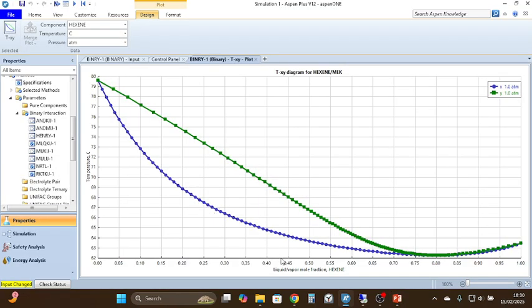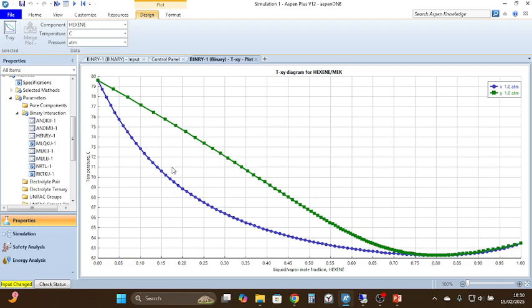Okay, so now remember that the system is operated at constant pressure. So over here, P is equal to 1 atmosphere. And this is the saturated liquid curve, that is the boiling point curve, and this is the saturated vapor curve, that is the dew point curve.